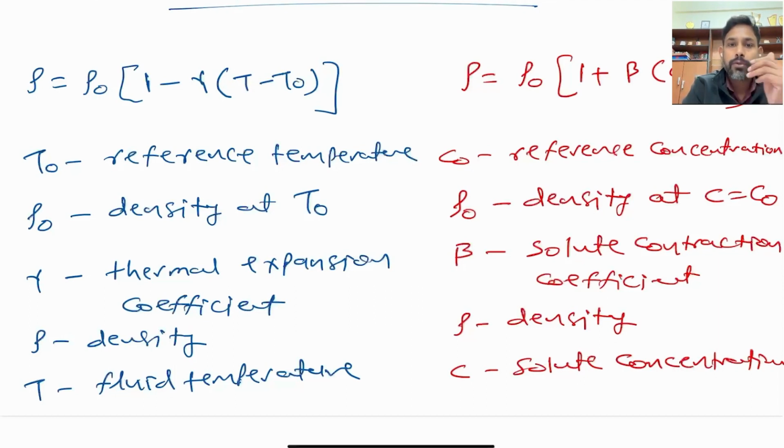And we try to relate that concentration to density so that we can calculate the buoyancy force, and that buoyancy force can be used to find the motion of fluid in general. Okay, so these are all the set of equations that we might be using in our course, where not necessarily all of them are conservation equations, but they are all very useful or fundamental equations that we may need.